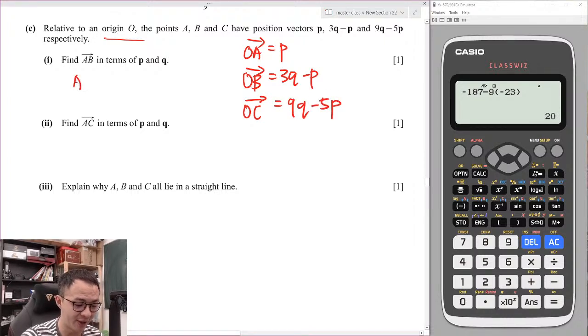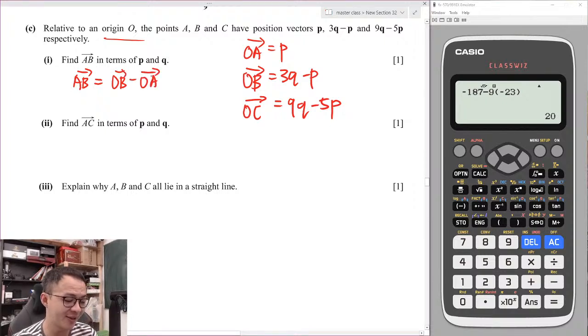So AB is equal to OB minus OA. If you can understand this one, it will be good. If you cannot, then you need to try to understand it yourself.